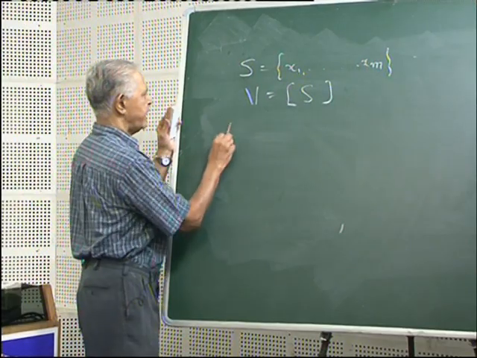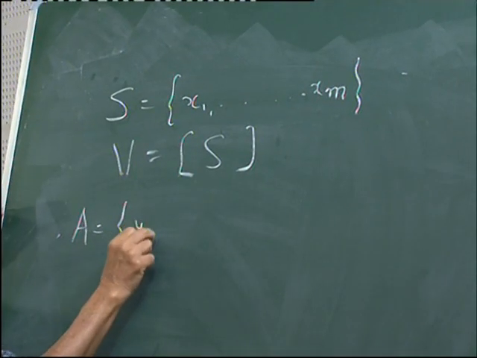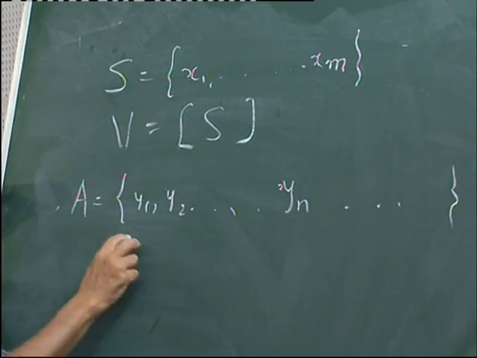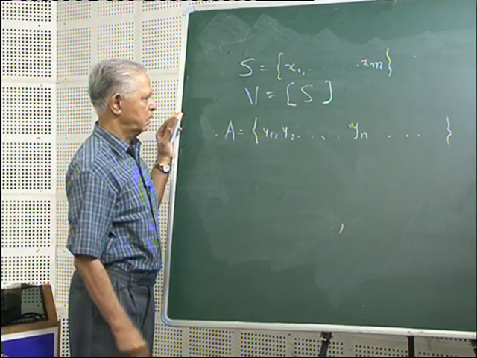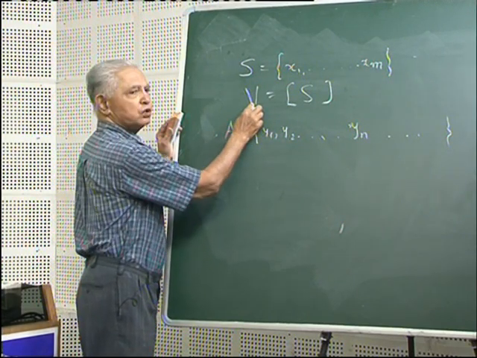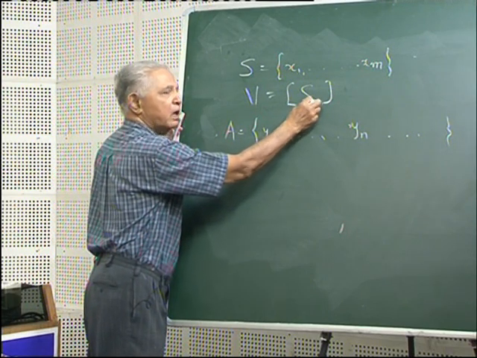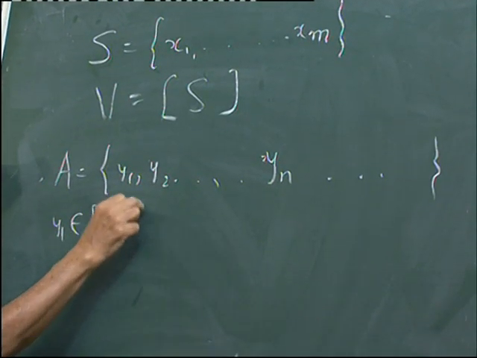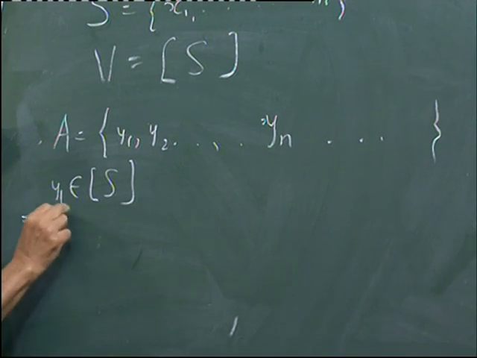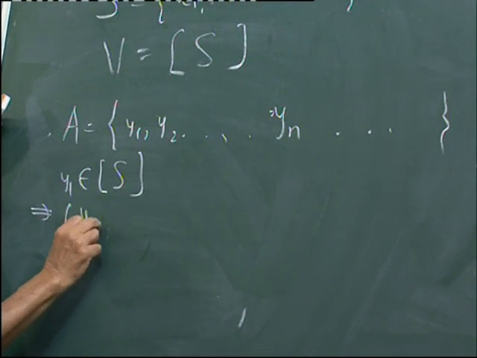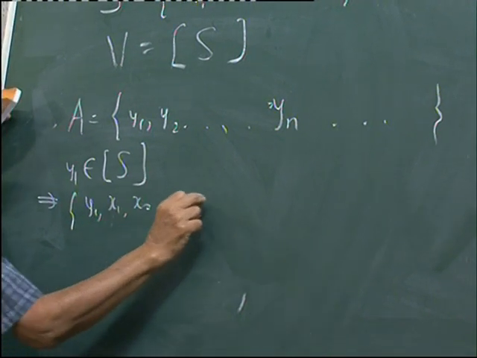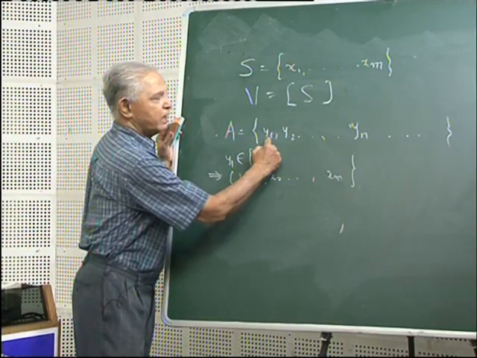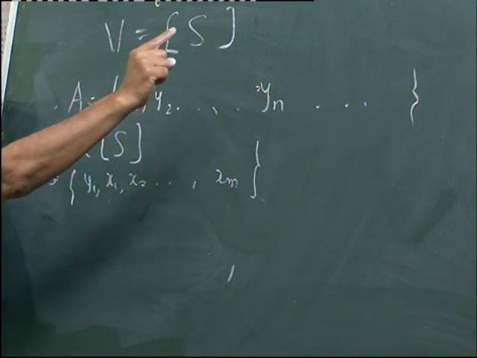Let us suppose that A = {y1, y2, ..., yn} is a linearly independent subset of our vector space V. Now, V is equal to the subspace spanned by S, and so y1 belongs to the subspace spanned by S, and this implies by our known theorem that the set {y1, x1, x2, ..., xm} is linearly dependent. Here the y vectors are linearly independent, so none of them is a zero vector.